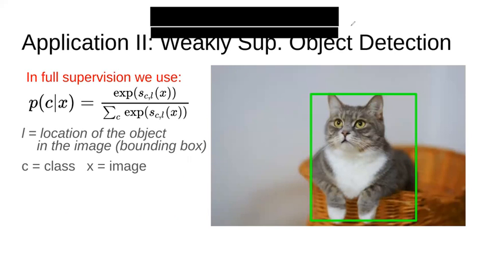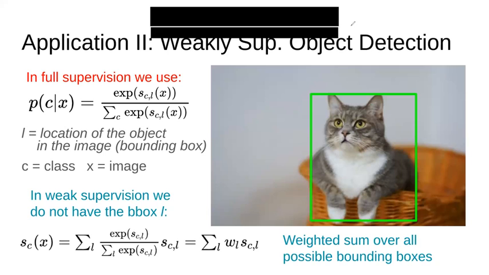So imagine that we have 10 classes of different objects, and for each class we get a score that tells us how likely it is to have an object in the given bounding box. What we do is normalize these scores so that they become probabilities, and the class that has the highest probability is the winning one. So we associate that bounding box to that class.